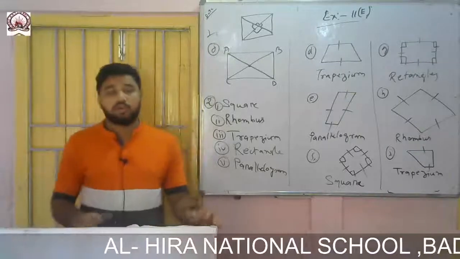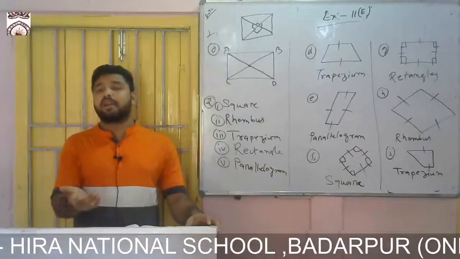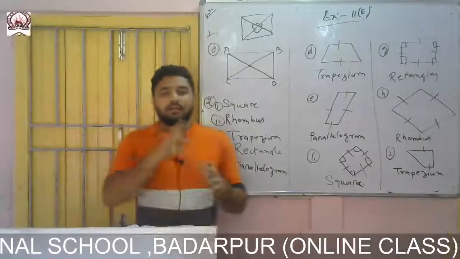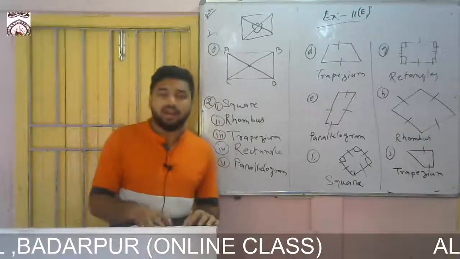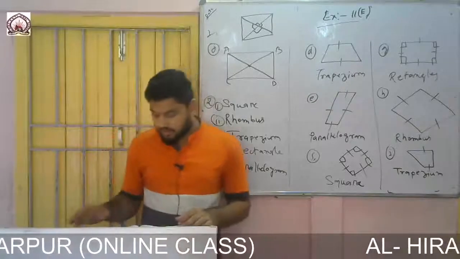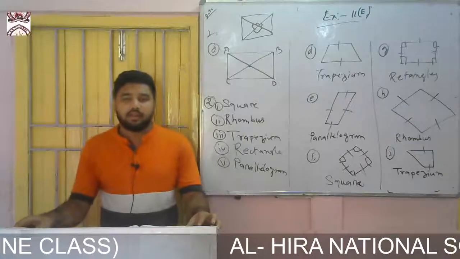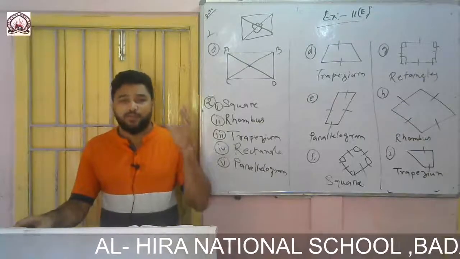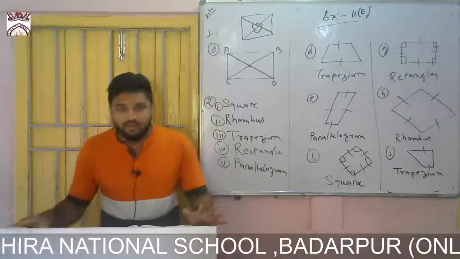It is always true, because in a parallelogram the opposite sides are parallel and there are 4 sides. A parallelogram has to have 4 sides, and a quadrilateral also needs to have 4 sides.